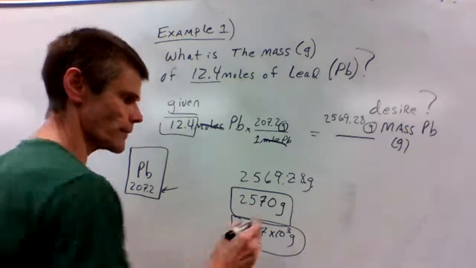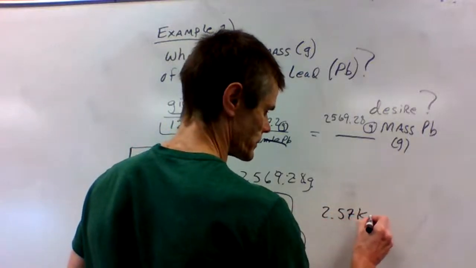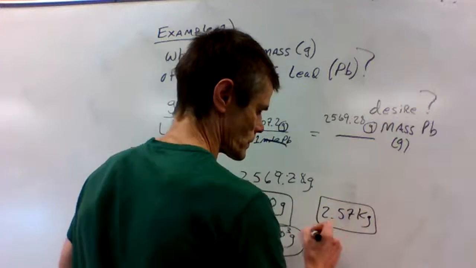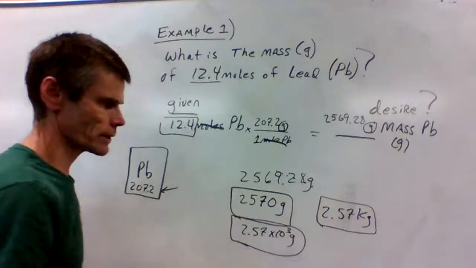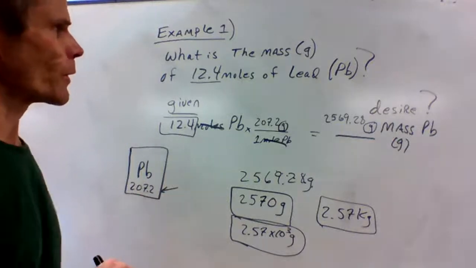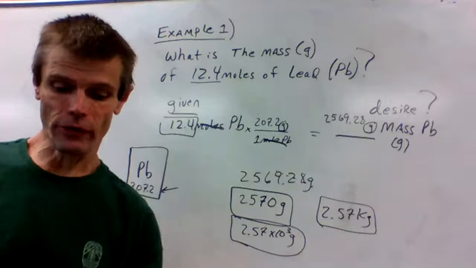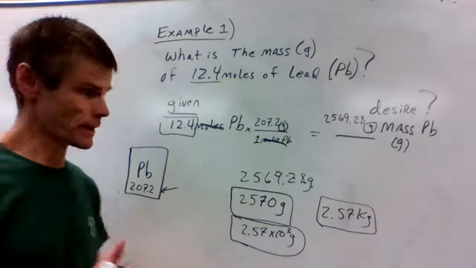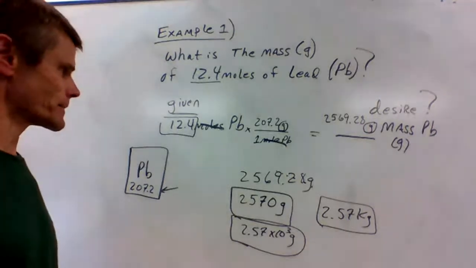You could also write this 2.57 kilograms because there are 10 to the third grams in 1 kilogram. Either of these 3 ways are correct when you give an answer using 3 significant figures in this case. So does our answer make sense?